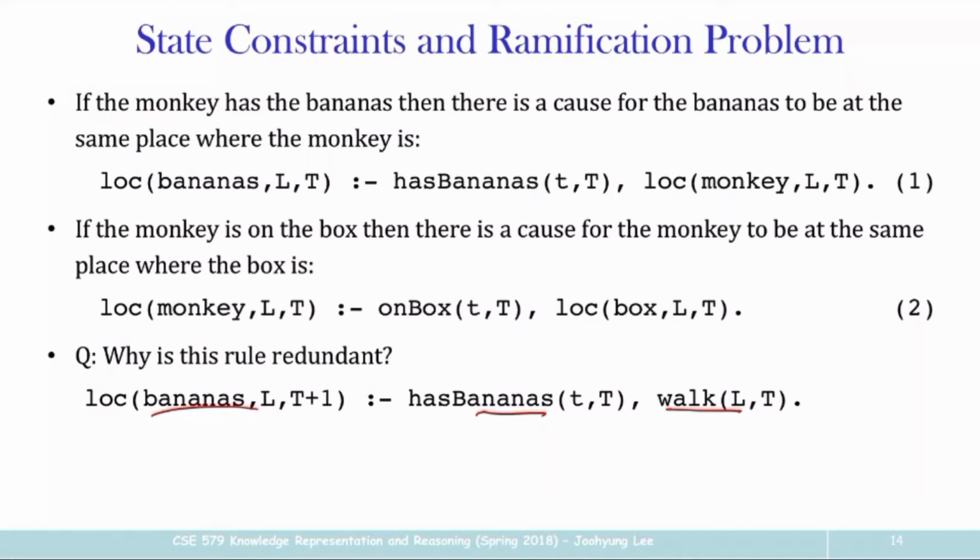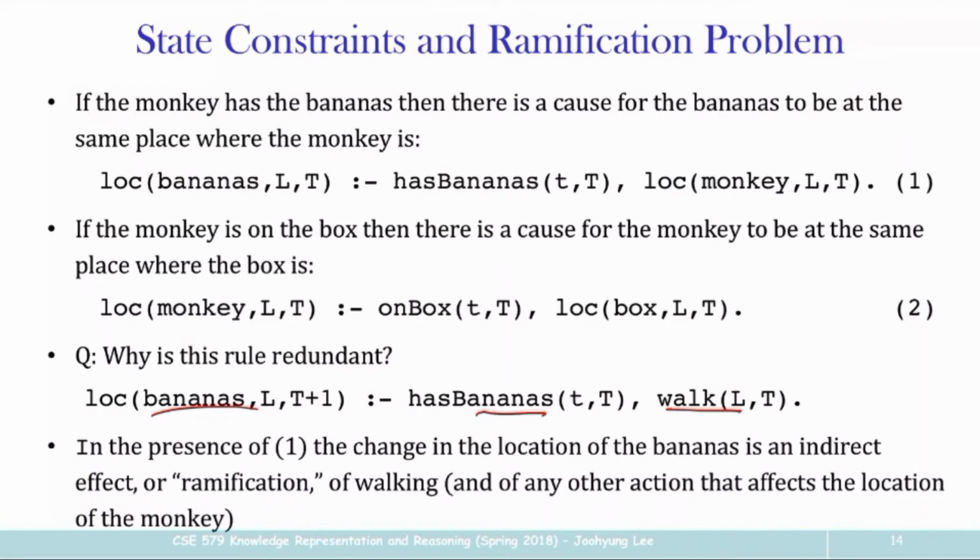Now, we don't go into the other formalisms, but there are many languages that don't have this kind of construct, and for those it's difficult to describe this indirect effect. So this is called the ramification problem. Ramification, or indirect effects of walking, can be described by this rule.